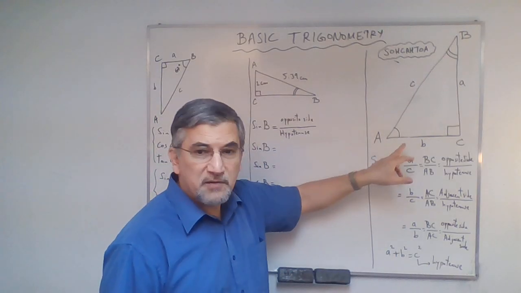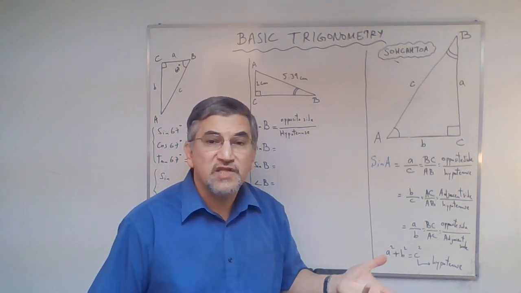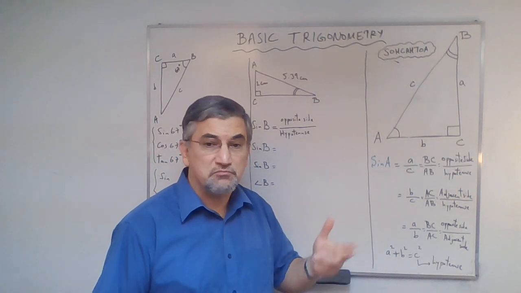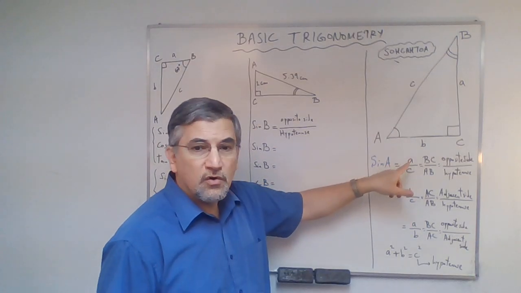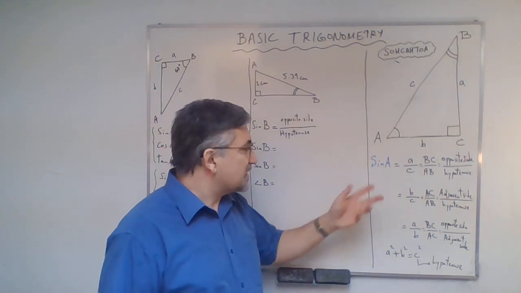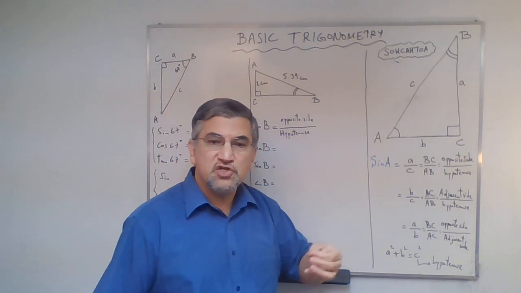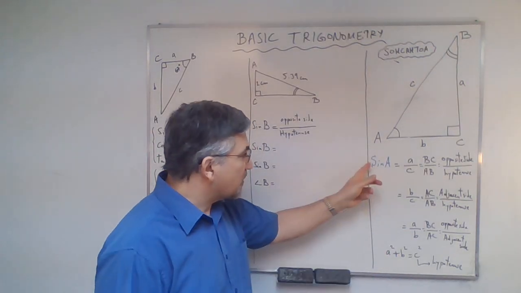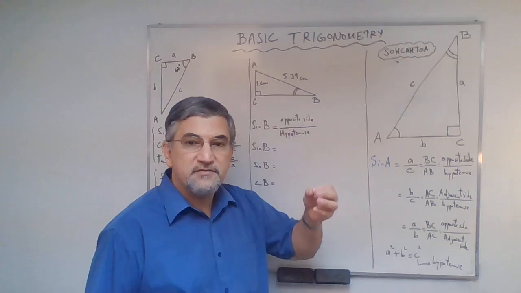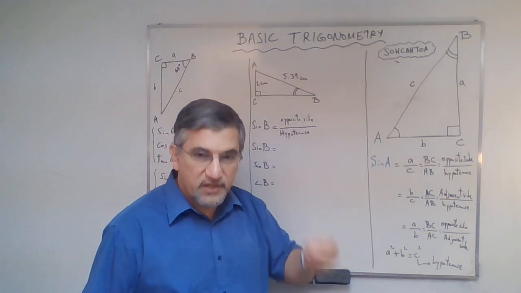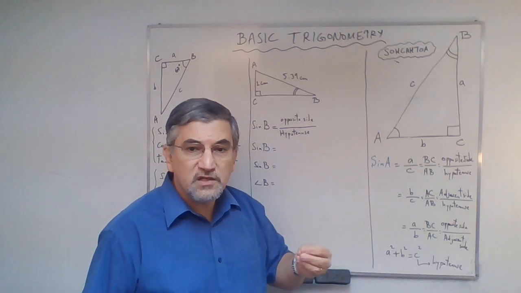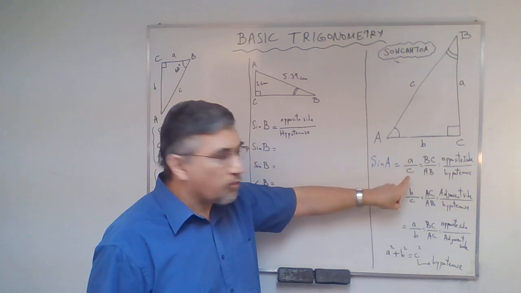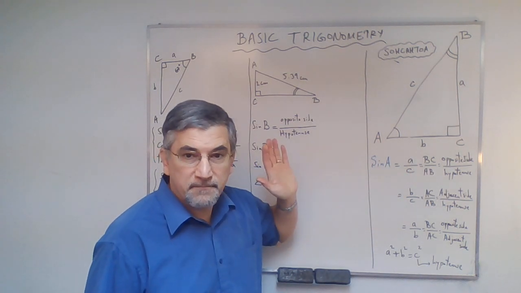Now, because top and bottom are both side lengths, both measured in centimeters or meters, the ratio would be dimensionless, which means that sine of angle A does not have any unit of measurement like dollars or kilograms or centimeters, okay? Sine of angle A is nothing but a simple ratio. Ratio of what to what? Ratio of opposite side over hypotenuse, period, done.